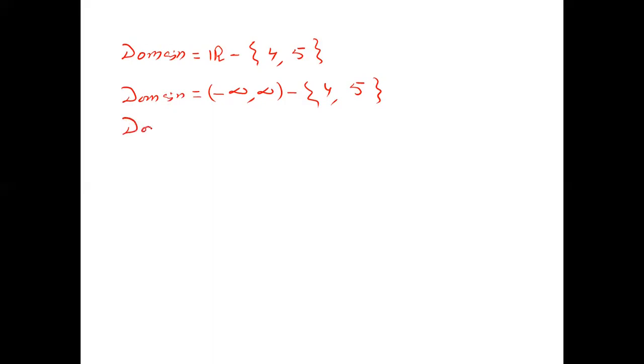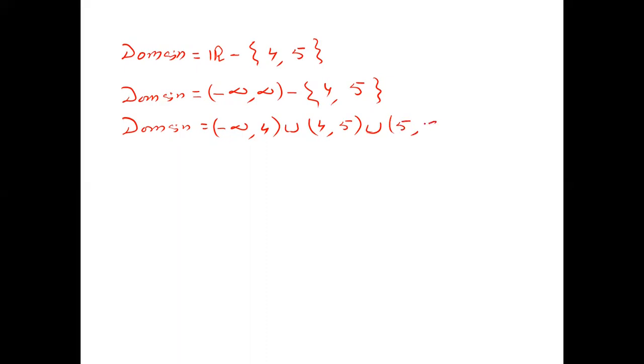Again write domain. Domain equal minus infinity to 4. First of all, write minus infinity to 4, close the bracket, then write union, start from 4: 4 to 5, bracket close, then write union, start bracket, 5 to infinity.